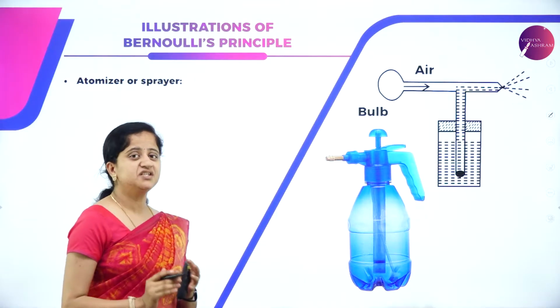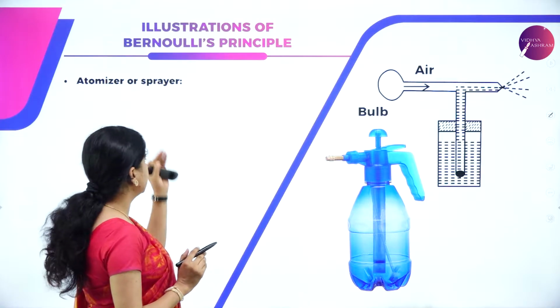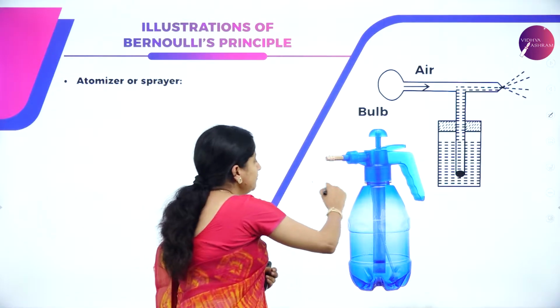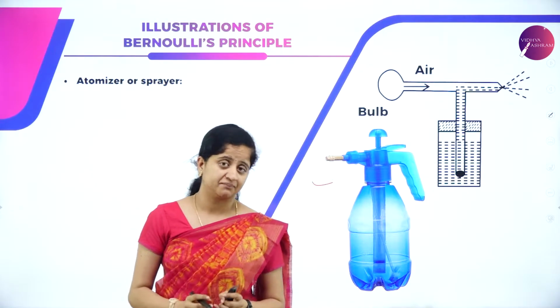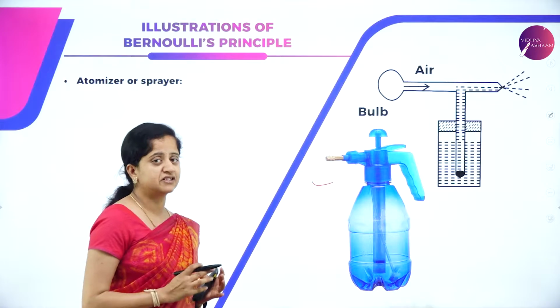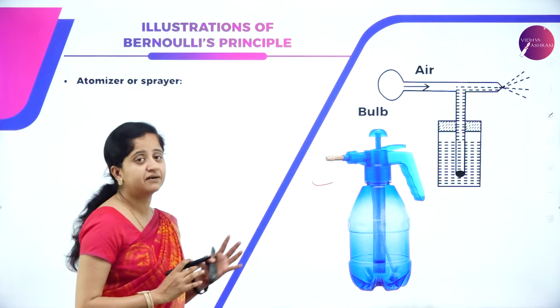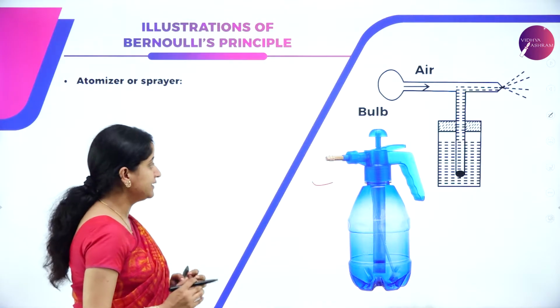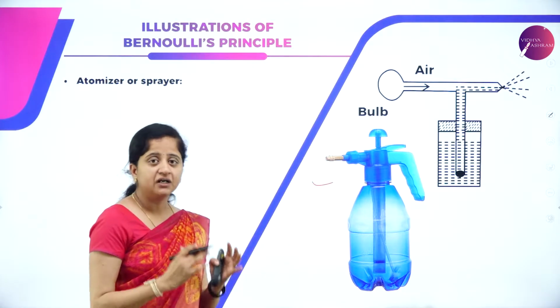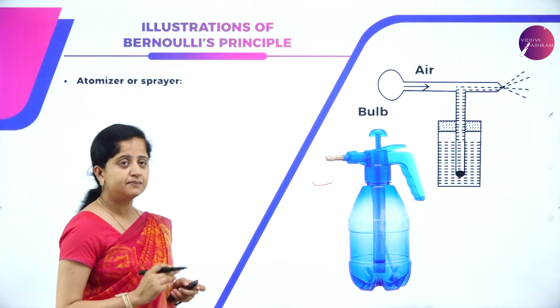One of the major applications of Bernoulli's principle is the atomizer or sprayer. Sprayers are very familiar to all of us; we have all come across them in our daily life. Now let us see how sprayers work with respect to Bernoulli's principle.